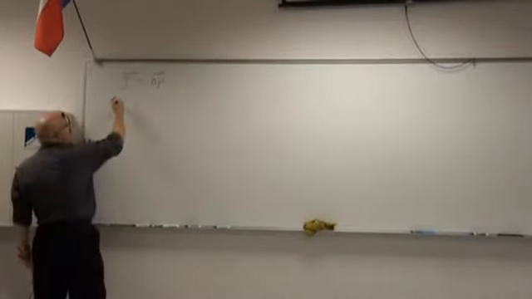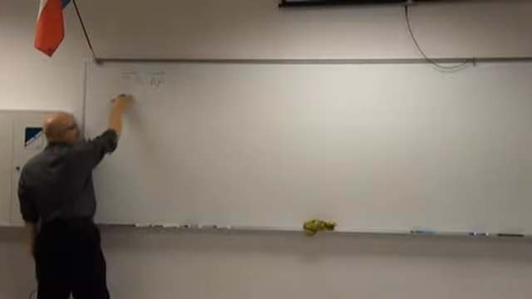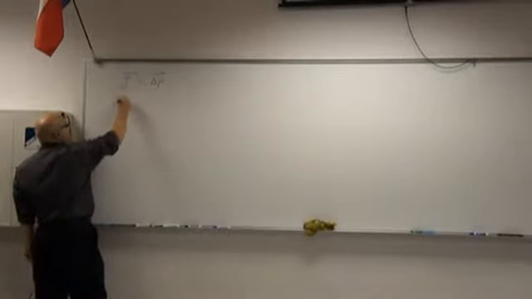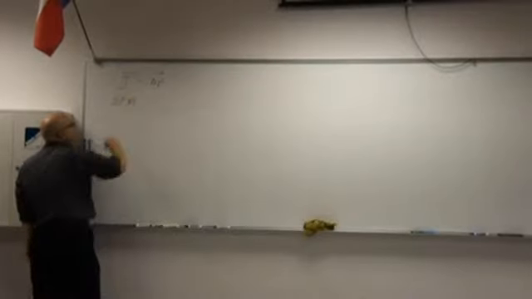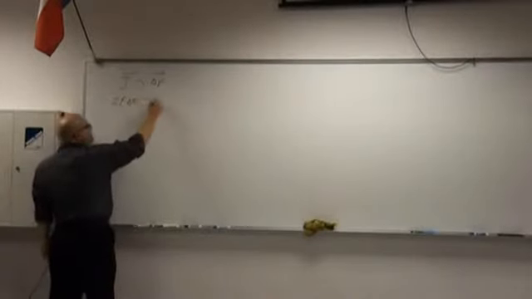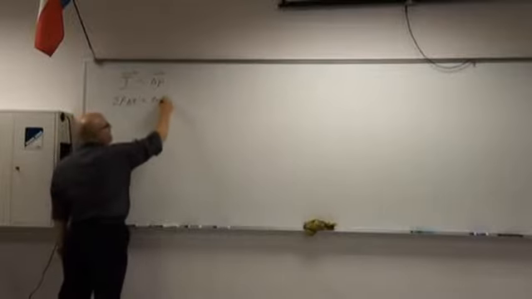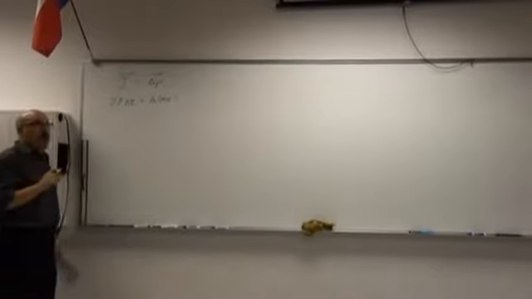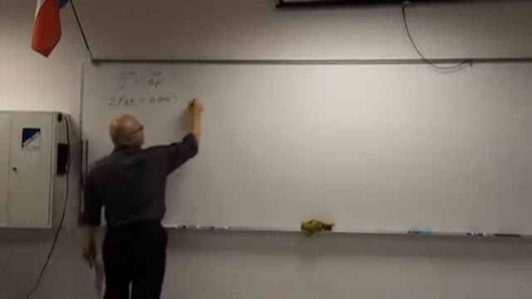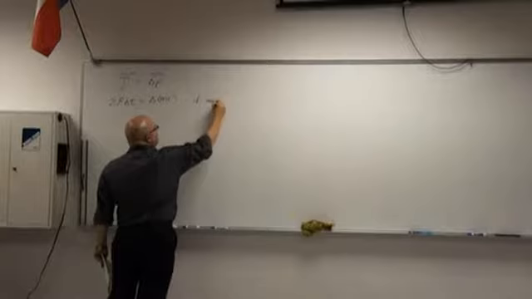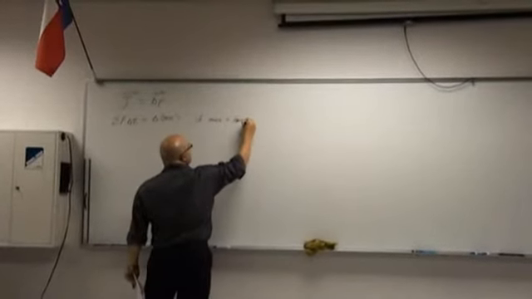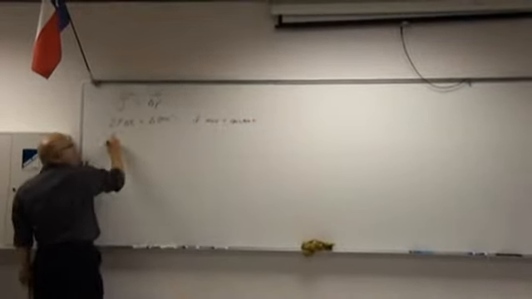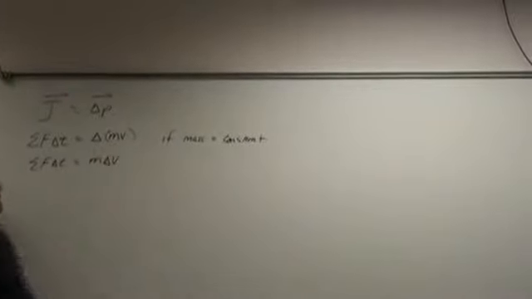All right, impulse. What's impulse? The sum of the forces times delta T. And this can be written as change in mv, which is basically most of the time interchangeable. Most of the time, m is constant. If mass equals a constant, then it becomes F delta t equals m delta v.